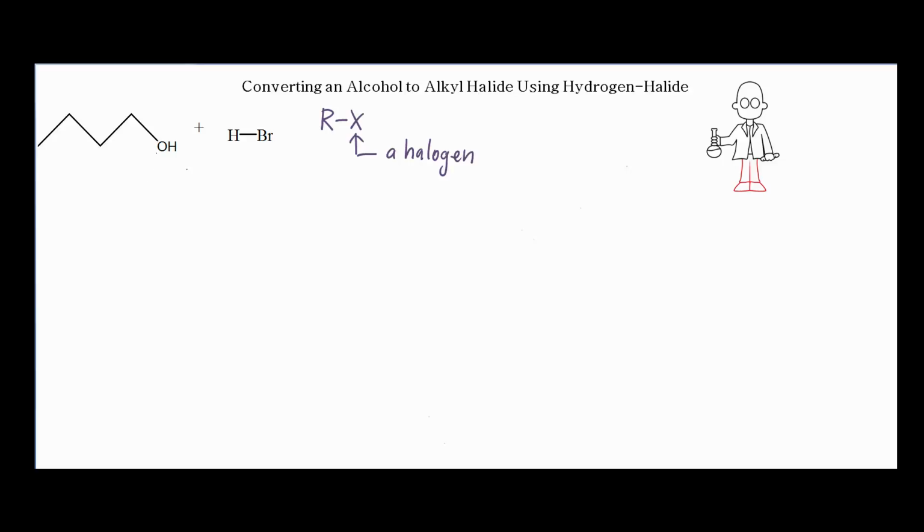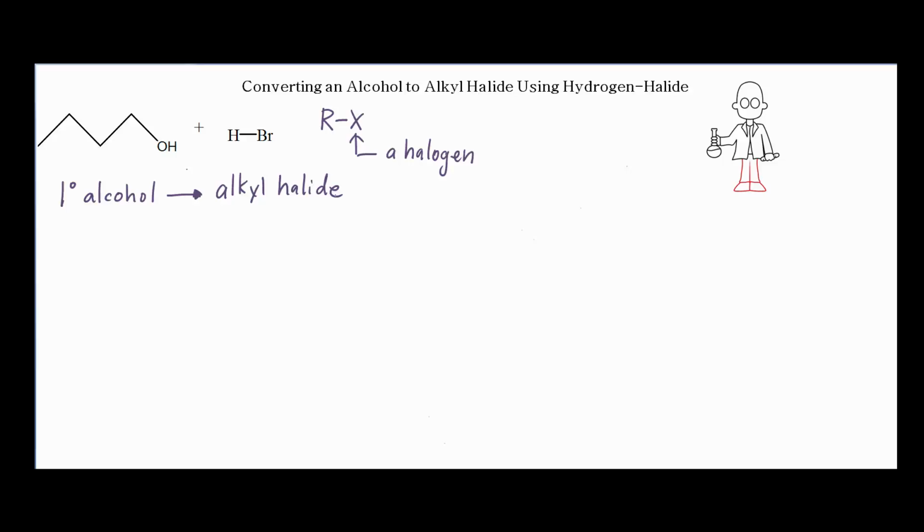So we're starting with a primary alcohol, and our product is going to be an alkyl halide.